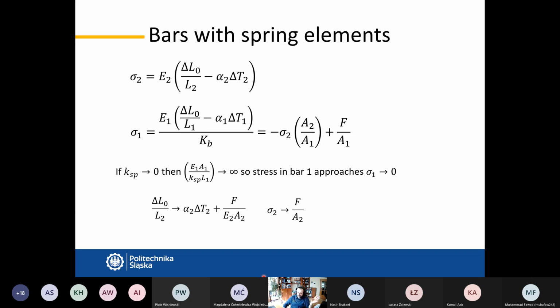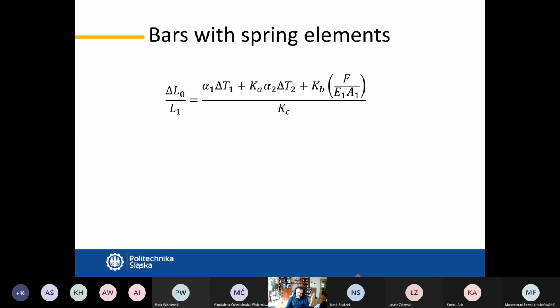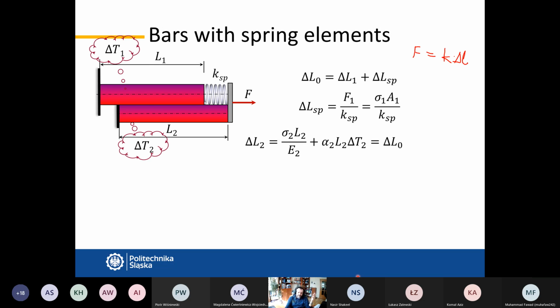So stress in the member number 2, the one directly connected to the wall. So you see the situation here. If we have a very weak spring, so it exerts almost no pressure, there is a gap and the members do not come into contact.